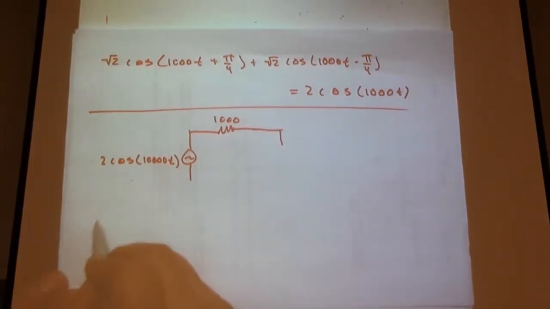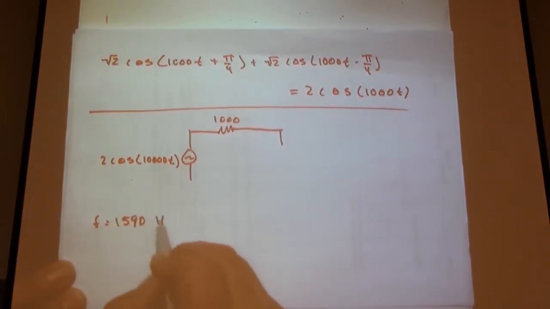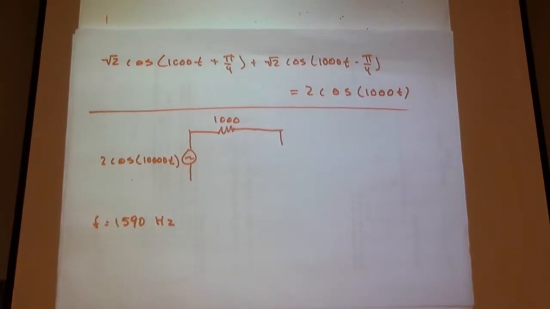So this is f equals 15.9 kilohertz, a little bit, 1590 hertz. So 10,000 K.